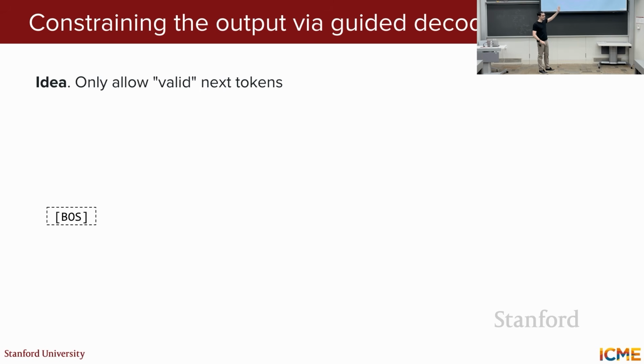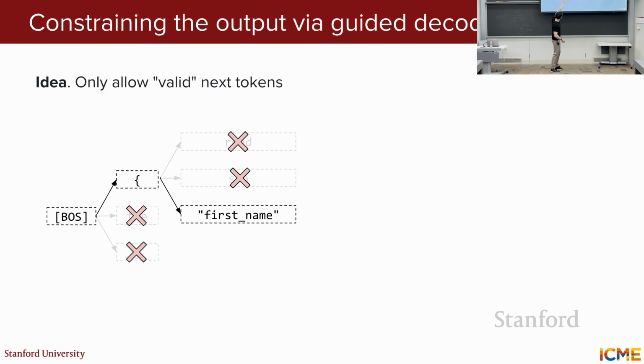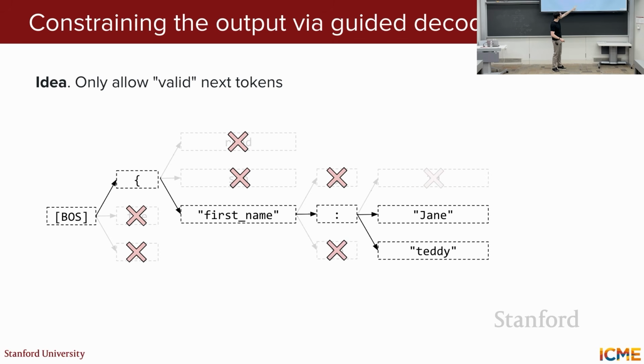I know for sure that my first token must be something that opens the brackets. So you can only have this, and then you can only have the property name, and so on and so forth. And sometimes you can have more than one permitted next token, in which case you would go back to our next token strategy.